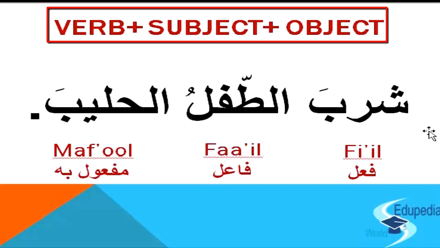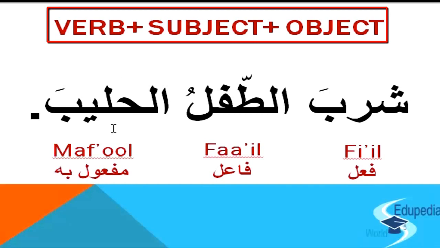It starts with the verb فعل, and شرب means drank. الطفل is the subject فاعل. الحليب is مفعول به, the object. So this verbal sentence is formed of فعل verb, فاعل subject, and مفعول به, which is the object.